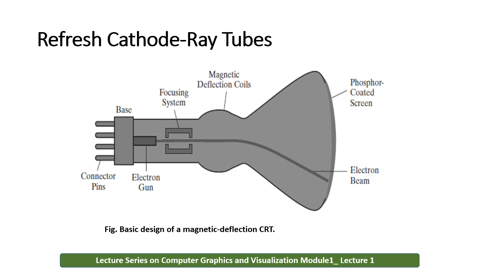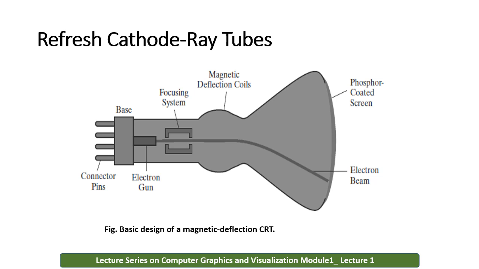So this is the basic design of a refresh cathode ray tube, a magnetic deflection CRT, which consists of some connector pins connected to the base and one electron gun which produces the electrons.